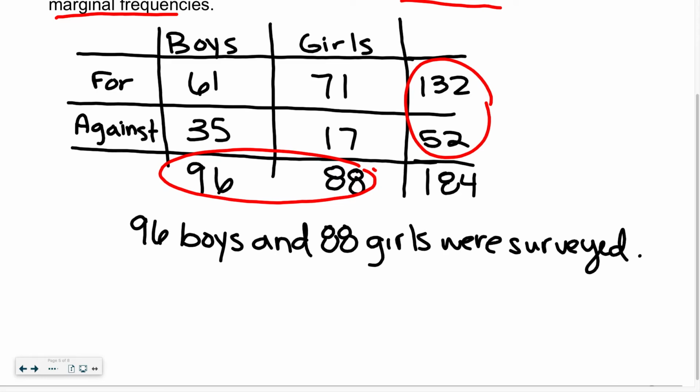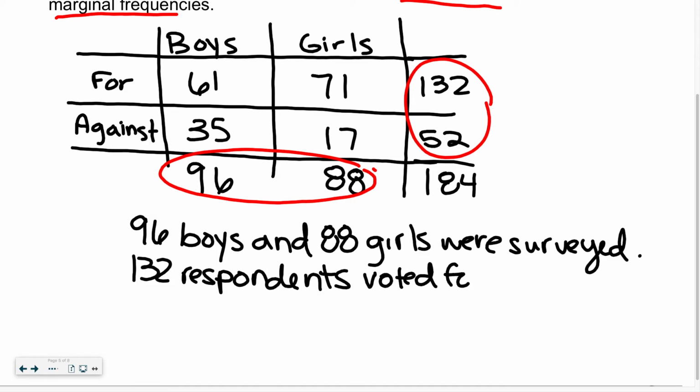I've just reported about the marginal frequencies for my gender groups, boys and girls. Then I should report on the marginal frequency for my voting groups, for and against. 132 respondents, or people, whatever you want to call them, voted for the garden.